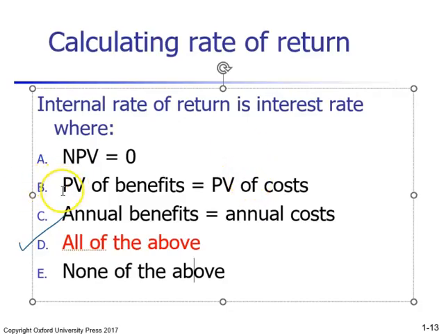PV considers point 0. Annual benefit, annual cost, it is just about that annuity. So the time is not important. So all of them are correct.